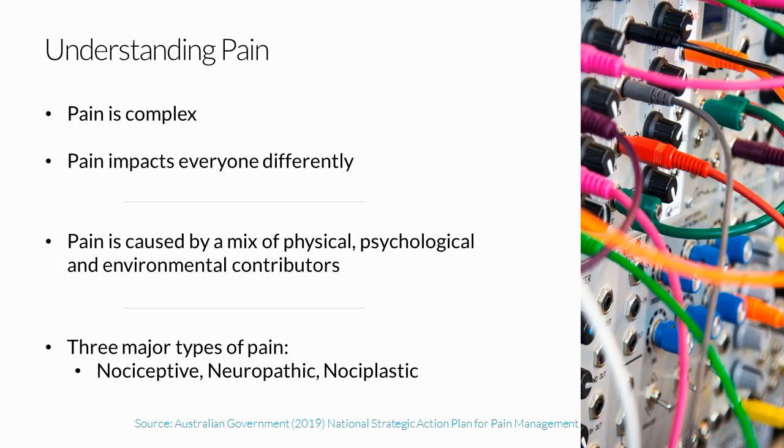Before we move on to discussing the different types of pain, it is important to understand that pain affects everyone differently, and that there are many factors which cause people to be in pain. These factors are known as contributors. The National Strategic Action Plan for Pain Management breaks these contributors down into 3 overlapping categories within an evidence-based biopsychosocial model.